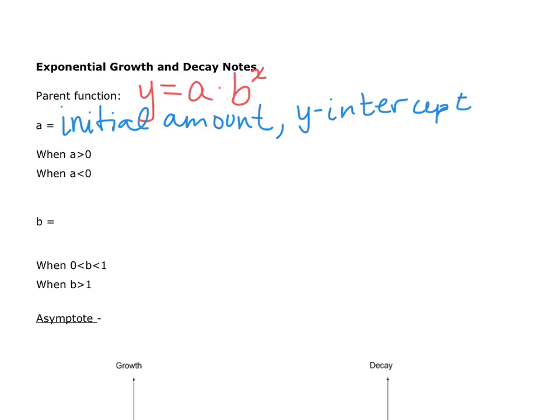All right. So yesterday we saw both when a was bigger than 0 and when a is smaller than 0. When a is bigger than 0, our y-intercept is positive.